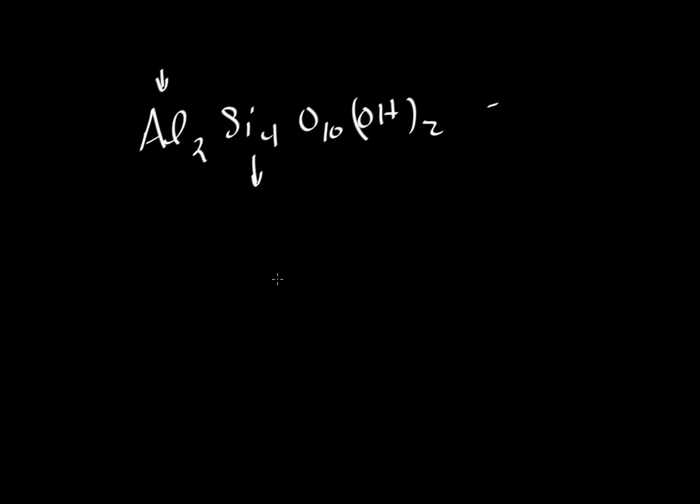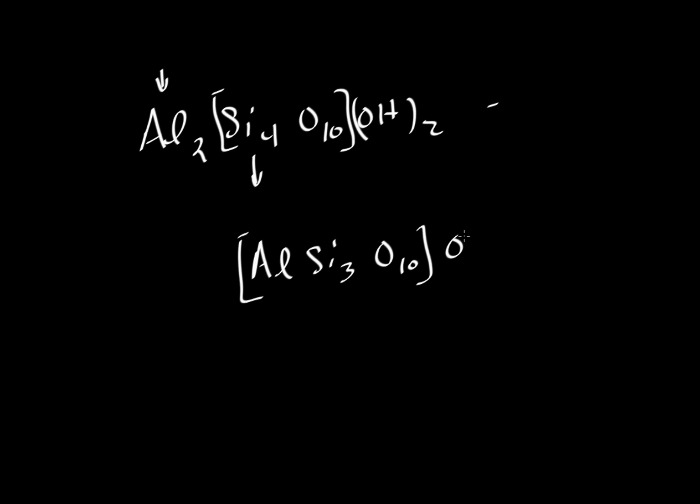Instead of 4 silicons, let's say that in this structural unit here, we instead have 1 out of 4 silicons replaced by aluminum. So we would have AlSi3O10(OH)2, and then we'll have two aluminums here sitting in octahedral coordination.